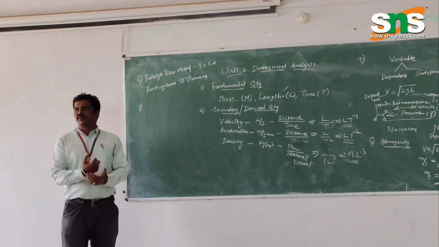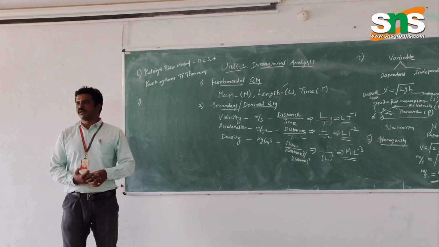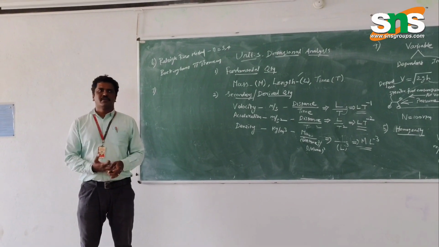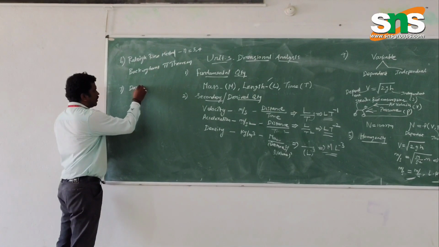Can any one of you tell me what the Darcy-Weisbach equation is? HL equal to 4fLV squared by 2gd. Okay, this is a very good form.